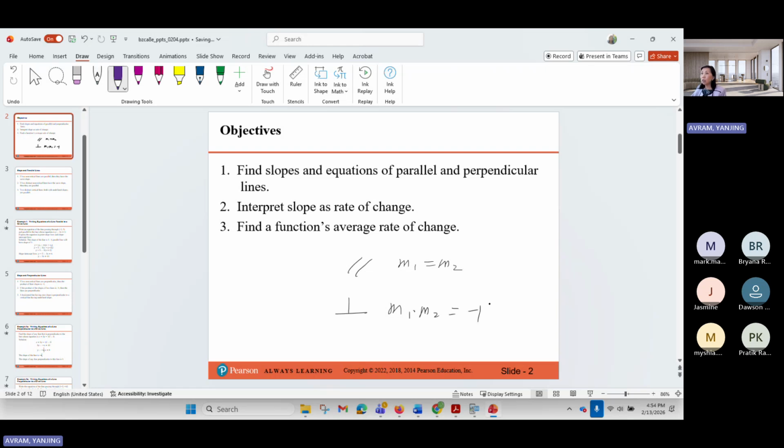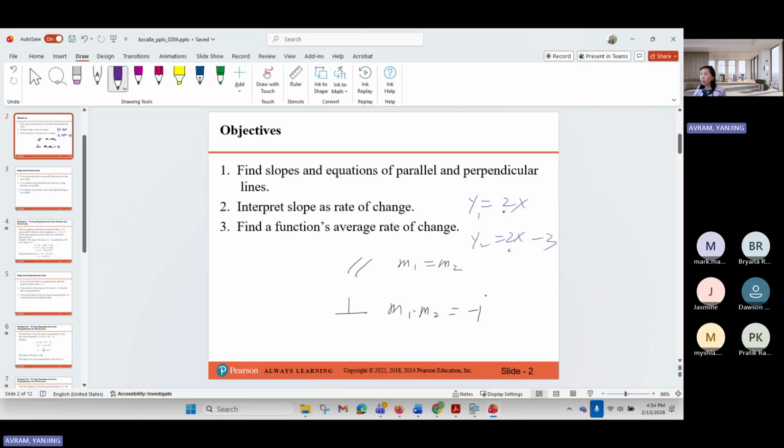So what kind of situation are two lines parallel? We have y1 equal to 2x earlier, and then y2 equal to 2x minus 3. You can see M1 is 2, M2 is also 2, so they are parallel.